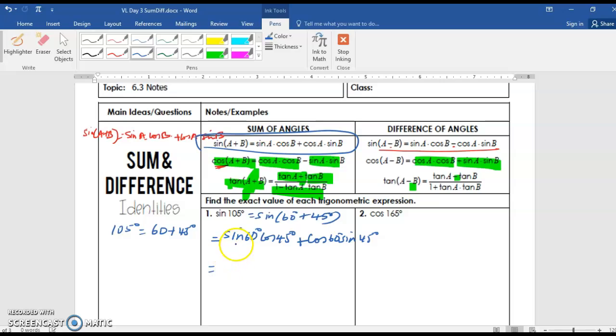And you know from the unit circle that sine 60 is square root of 3 over 2, and cos 45 is square root of 2 over 2. Cos 60 is half, and sine 45 is square root of 2 over 2. Since all of them are acute angles, they're in the first quadrant, so everything is positive.